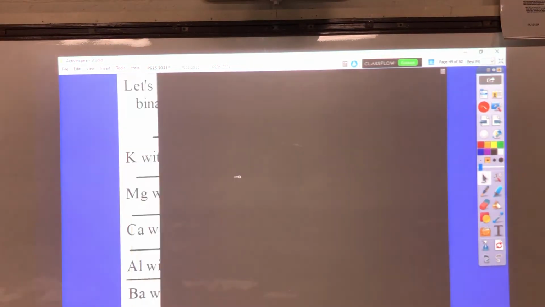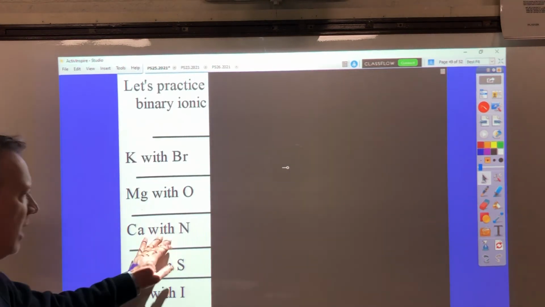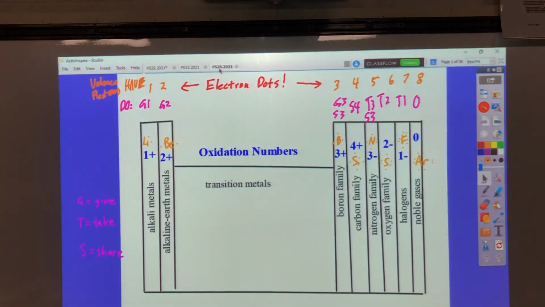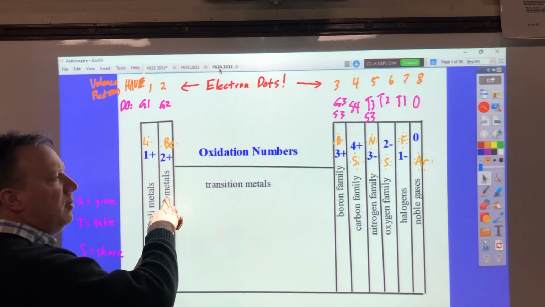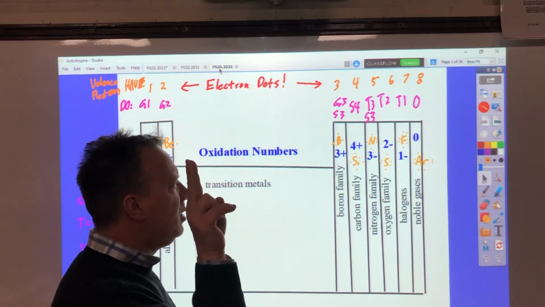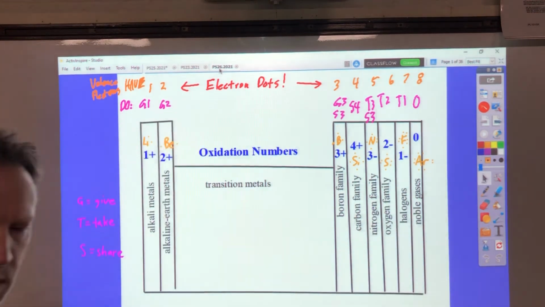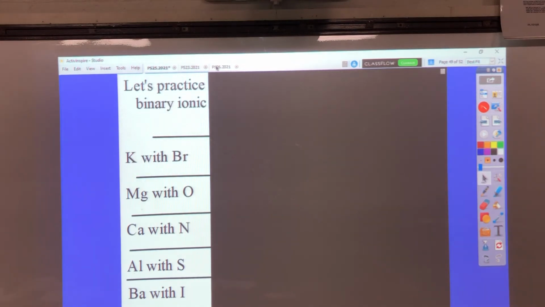I want us to practice Ca with N. Calcium and nitrogen. Ca is here, in the 2 positive oxidation number column, giving away 2 valence electrons. Oxygen, I think it was taking 2 and 2 minus. Was that what it was? Ca with N. Nope.